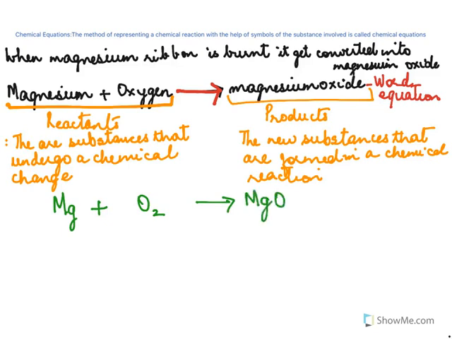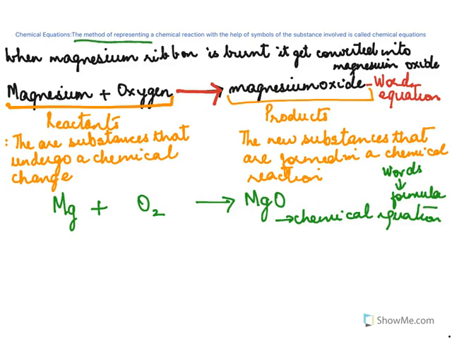So here instead of using words, we have used formulas to make it more concise. And such a statement is called a chemical equation. The method of representing a chemical reaction with the help of symbols of the substances involved is called a chemical equation.